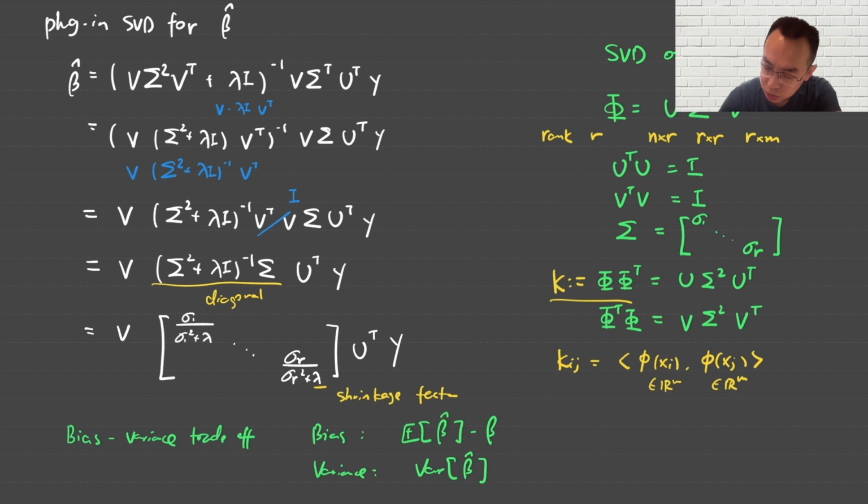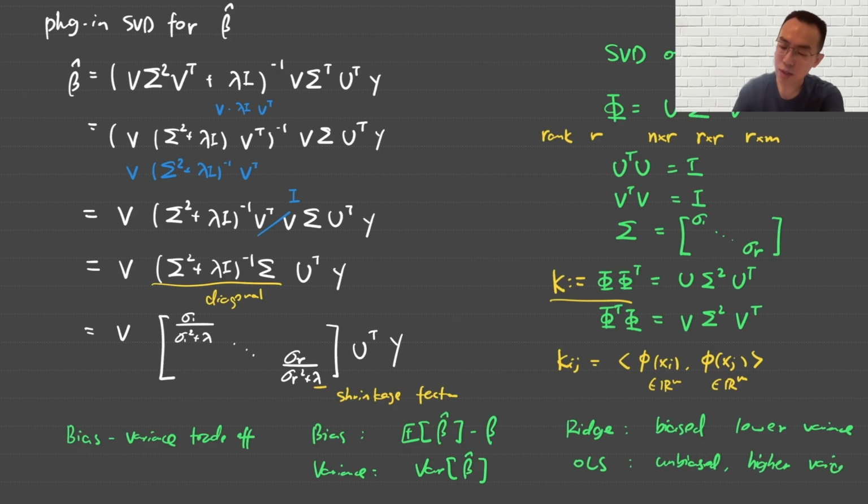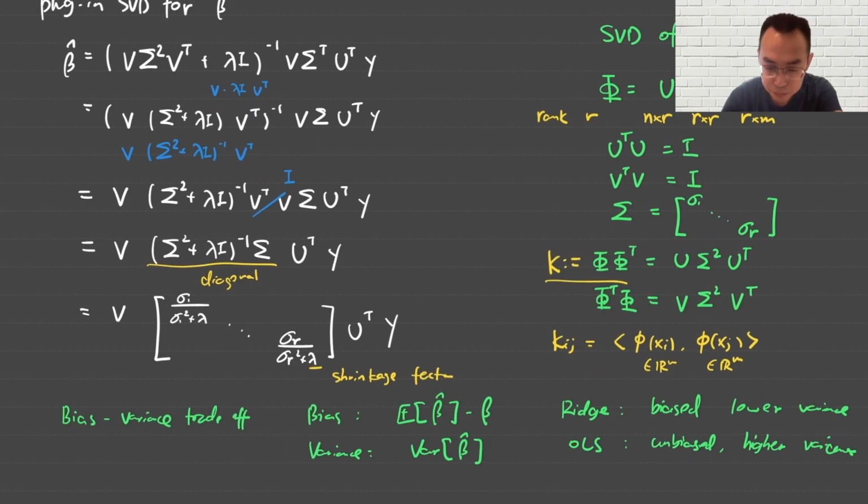We'll find that the ridge estimator is biased but has lower variance, and OLS is unbiased, meaning the bias equals zero, but has higher variance. That is the bias-variance trade-off for ridge regression that can also be obtained using the SVD formula. But that's not our goal here. Let's focus on how to get a kernel trick out of this.